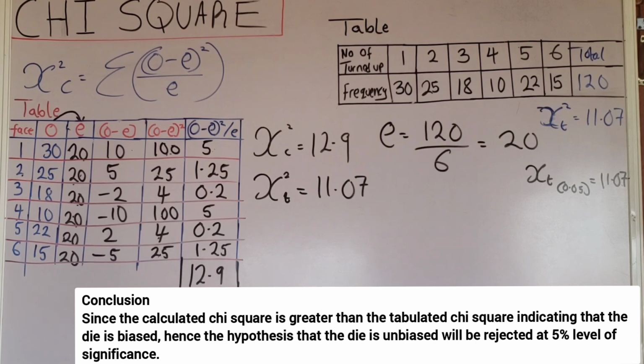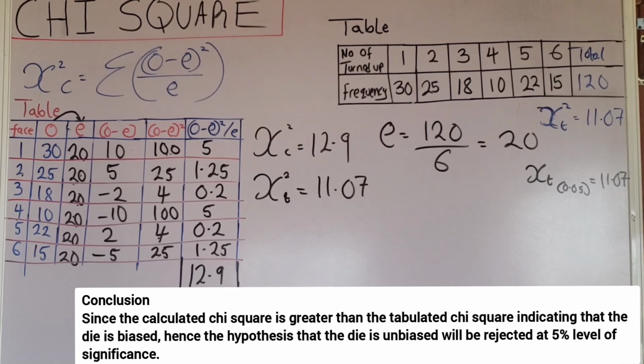If the calculated value of chi-squared is greater than the tabulated value of chi-squared, the hypothesis that the die is unbiased is rejected at the 5% level of significance.